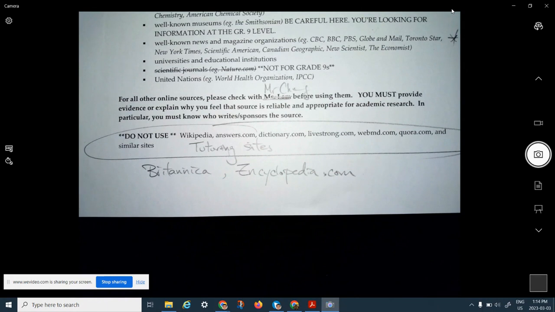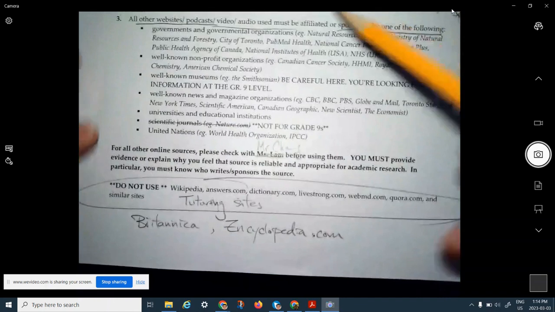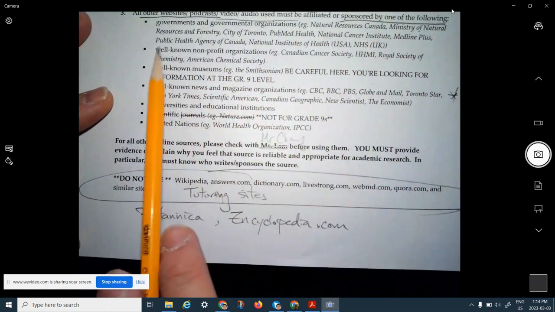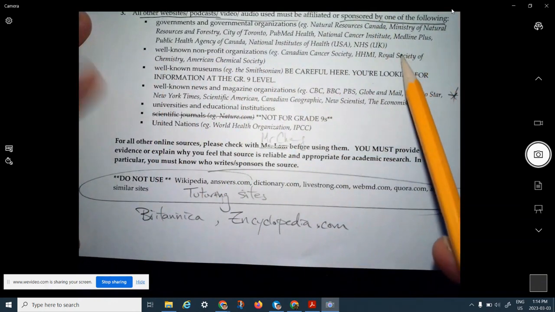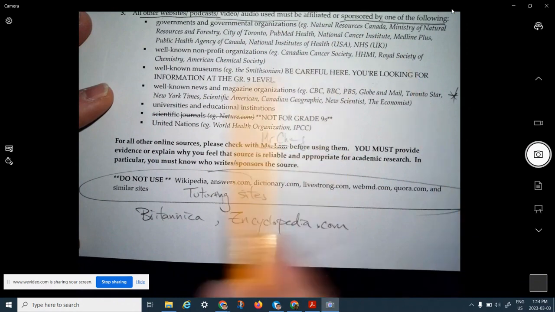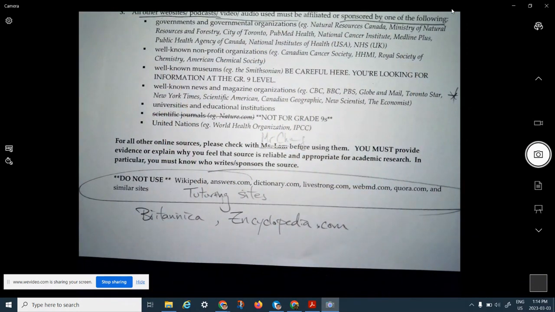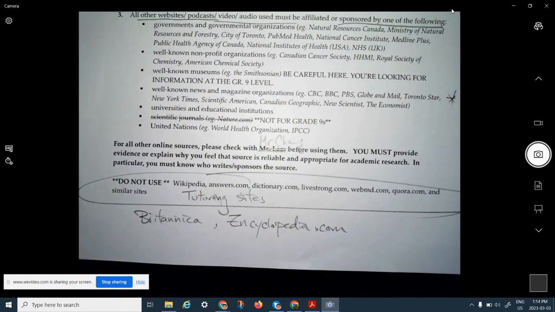If I think of others, I'll let you guys know. But here you should have a lot of stuff like Royal Society of Chemistry. It has a really good website about different elements too. Any questions so far? So you can use Google to get to places, but that's not the final source of information. Okay. Other questions?